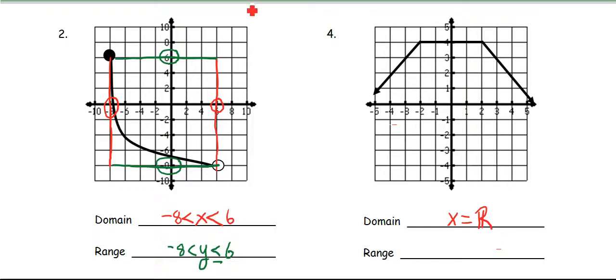Now, is there a certain point where our y's stop, either going up or going down? Yes. It's this point, right here. It's a solid line, so it includes 4, but they're all less than 4 or equal to. So y is less than or equal to 4.